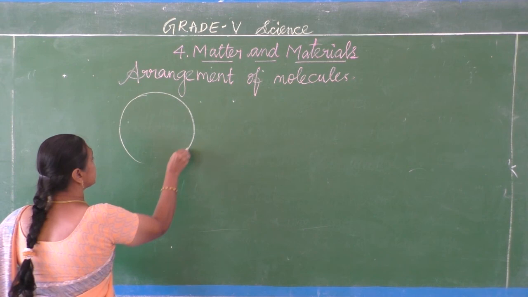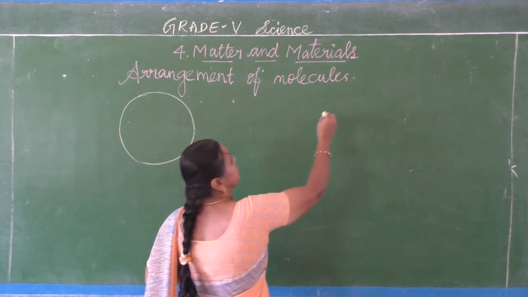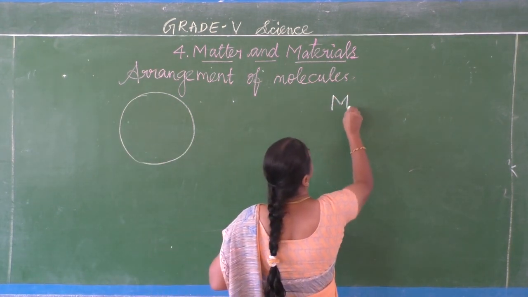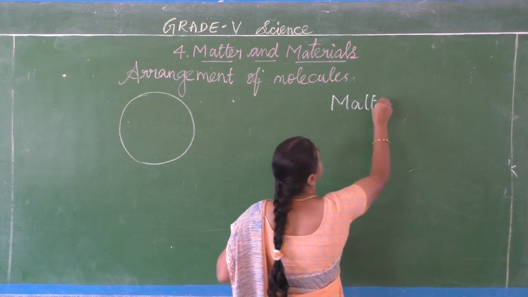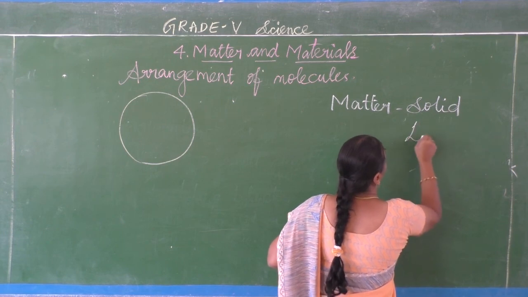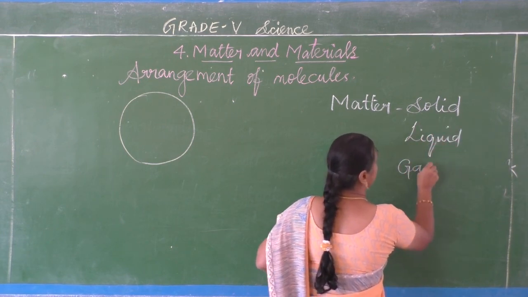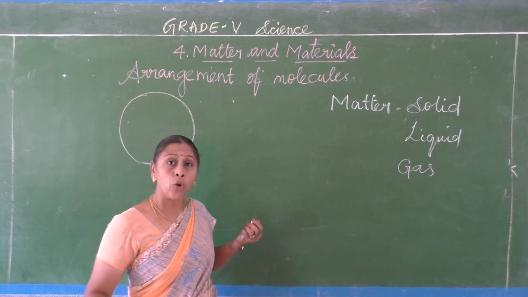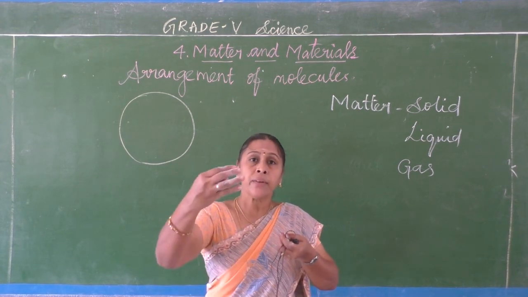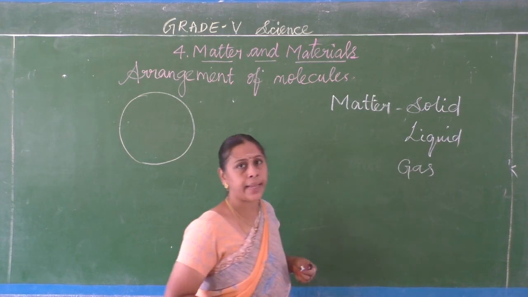So first, matter is of three types. Matter exists in three types. What are they? Solid, liquid, and gas. Okay, so surrounding us so many matters are there, and we classified them into three types: solid, liquid, and gas.